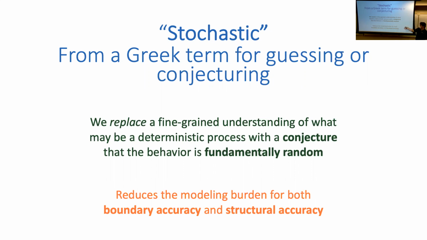And as a consequence, it reduces your burden for boundary accuracy and structural accuracy. Remember, we introduced those terms last time: boundary accuracy is what variables you included, and structural accuracy is all of the relationships between those variables. So rather than trying to include every single variable under the sun and every single relationship among those variables, we say we'll only include the really important ones, and the rest we'll model as if there was a random noise driving the rest of our system.